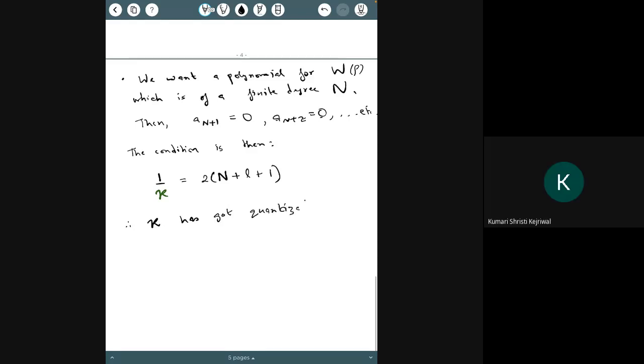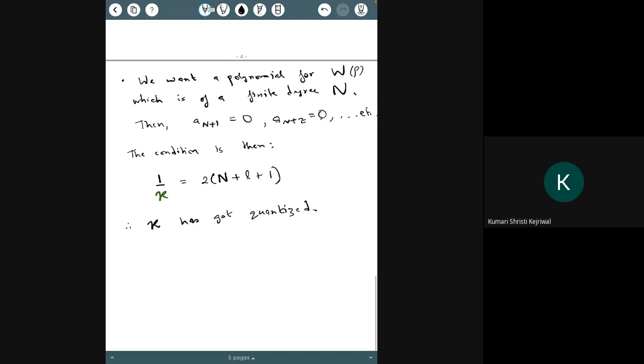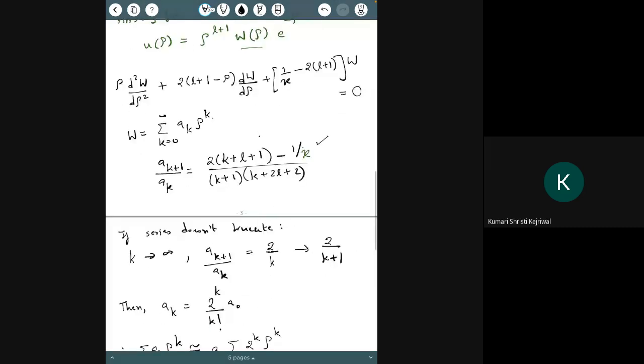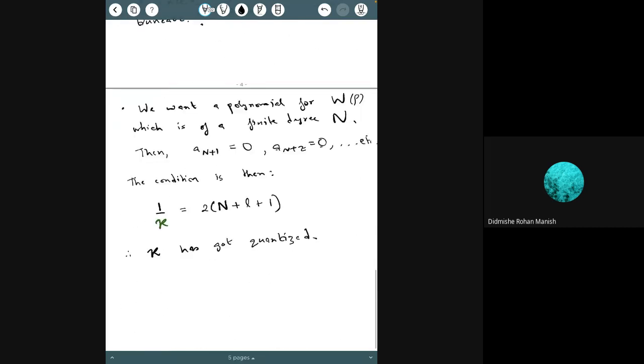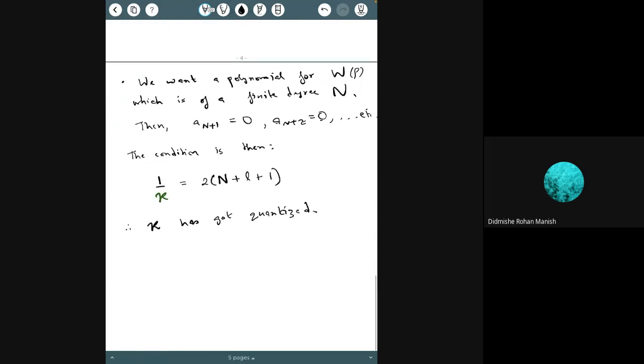Ma'am, will it be plus 1 or minus 1? Plus. So from k equal to capital N onwards, you will get 0. No, N. Yeah. Okay.